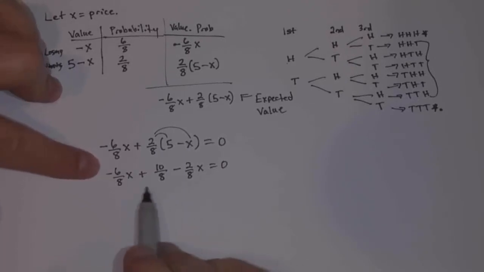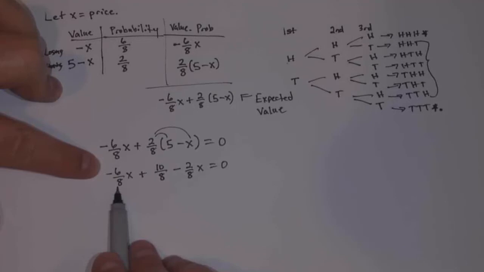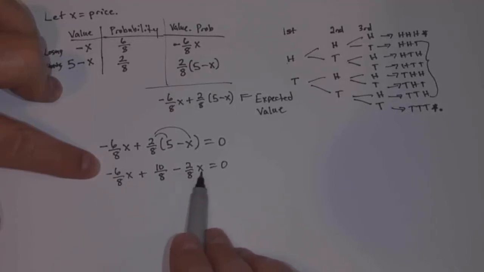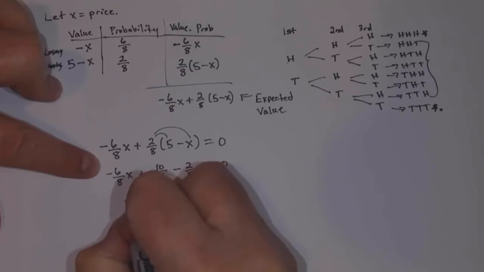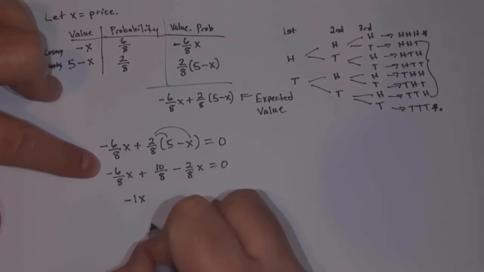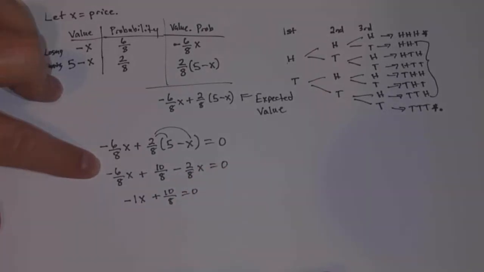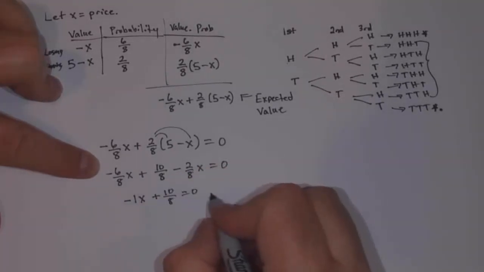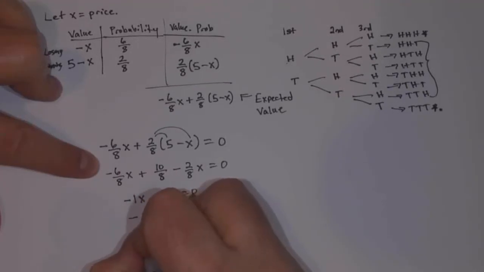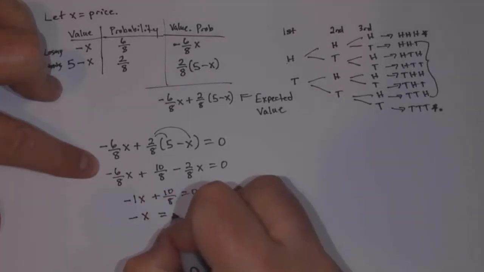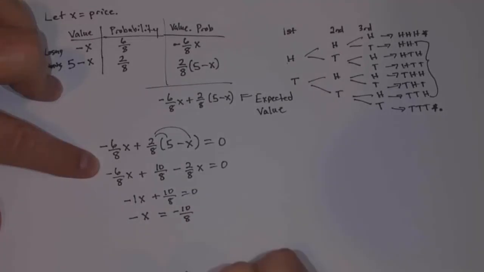So if I have negative 6/8 x minus 2/8 x, I can combine that. Negative 6/8 x minus 2/8 x would be negative 8/8 x, which would be negative 1 x, plus 10/8 equals 0. So if I move the 10/8 to the other side, negative x would equal negative 10/8.